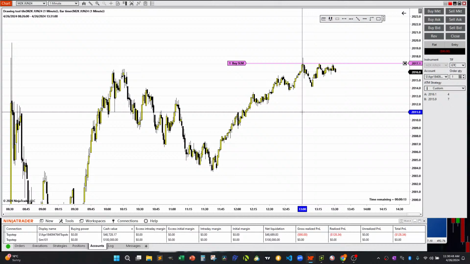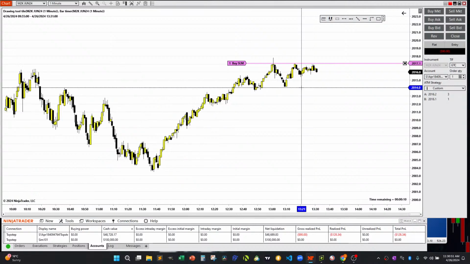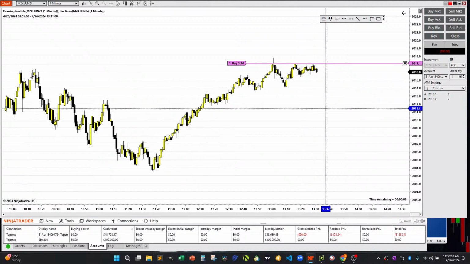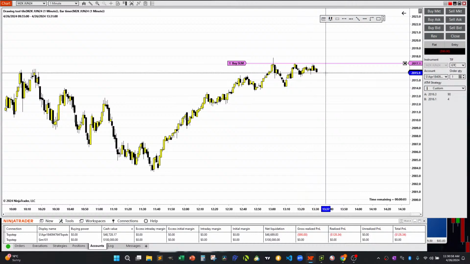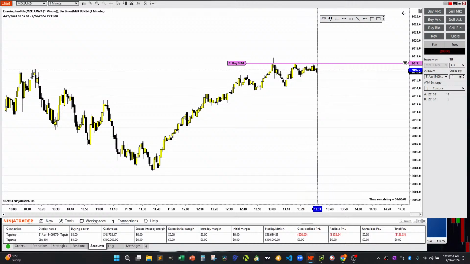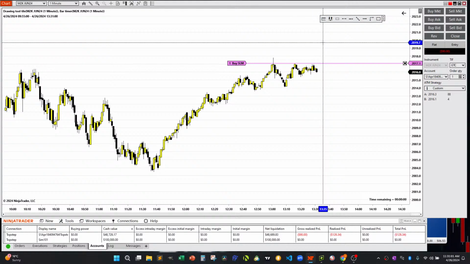Okay, so if we get a strong breakdown, might be a consideration to look short. We'll get a strong break. We'll wait to see if it'll retrace and then take the second push out if it does decide to go short.